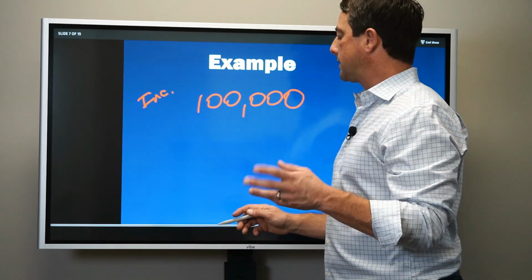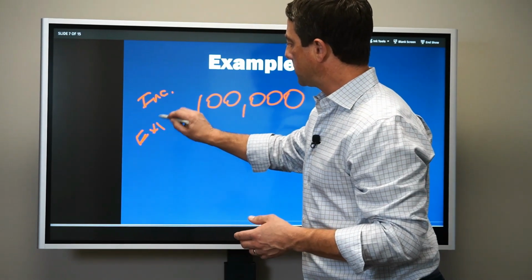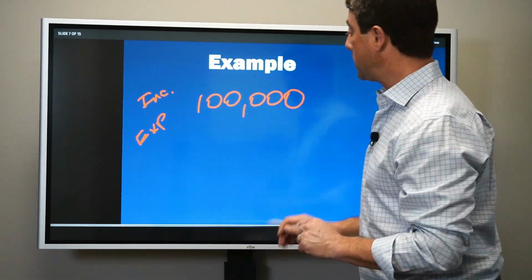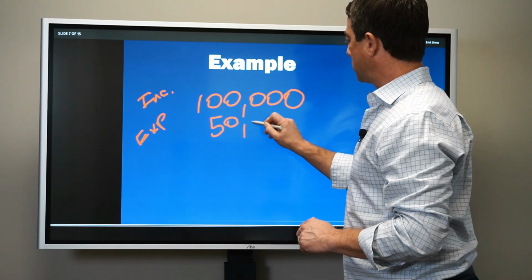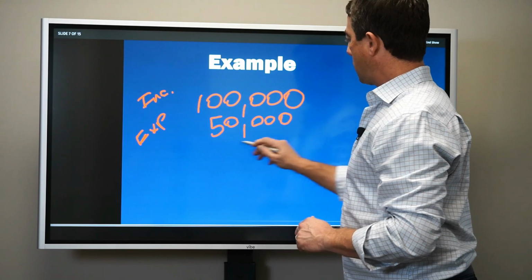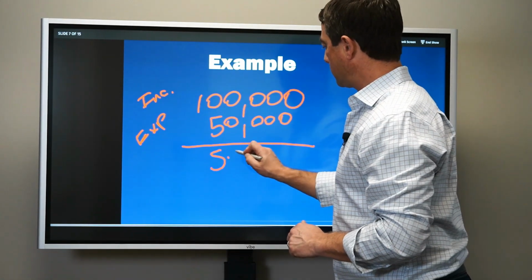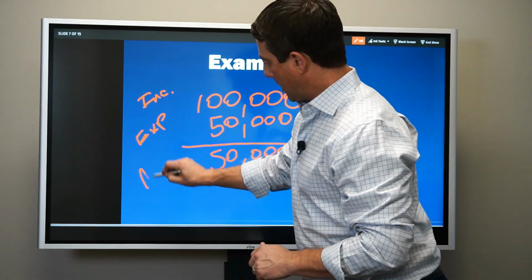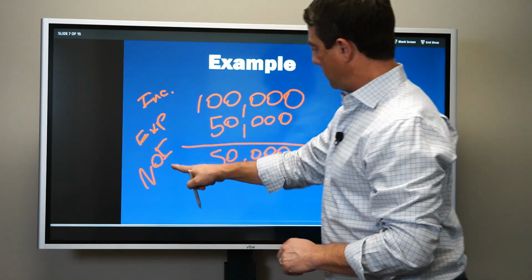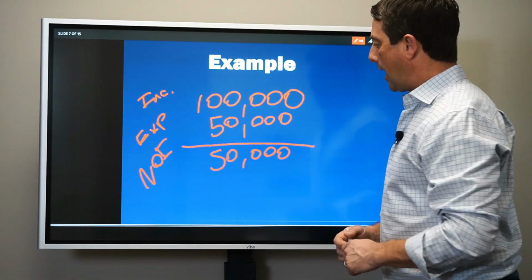We're gonna say that our expenses, remember operating expenses only, we'll say our operating expenses are 50,000, all right? So 50 grand. And that would leave us with an NOI of 50,000, right? This would be our net operating income here. So we have $50,000 NOI.